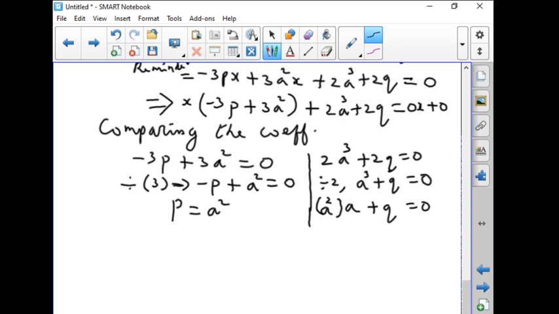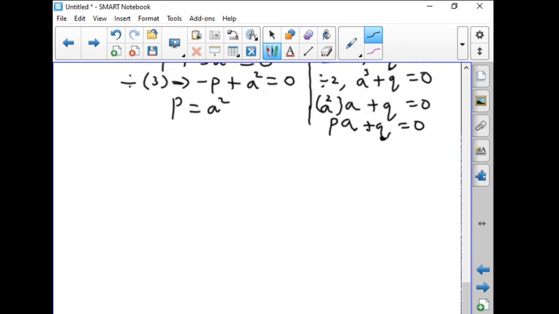Now we have got a square is equal to p. So we write this as pa plus q is equal to 0, which gives us ap plus q is equal to 0. So hence we have proved it.